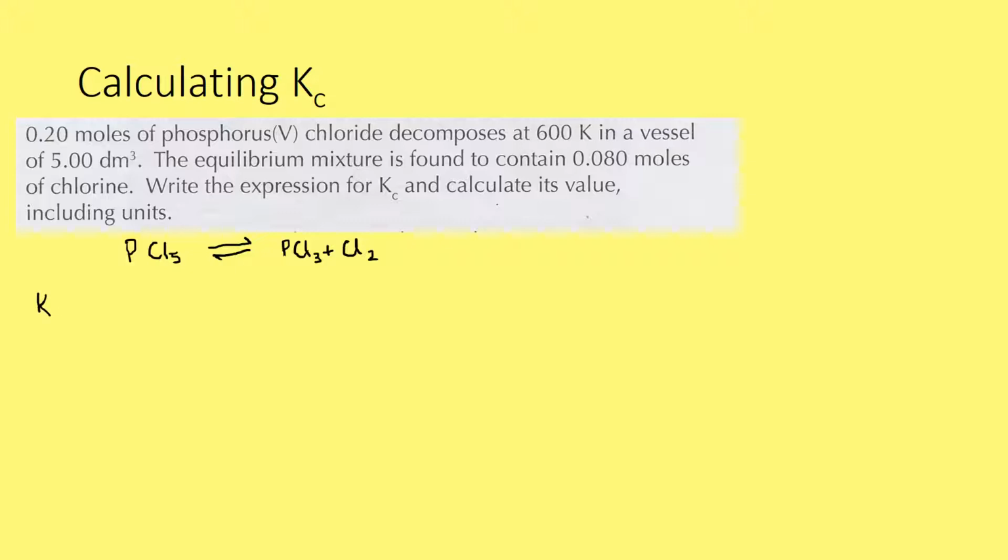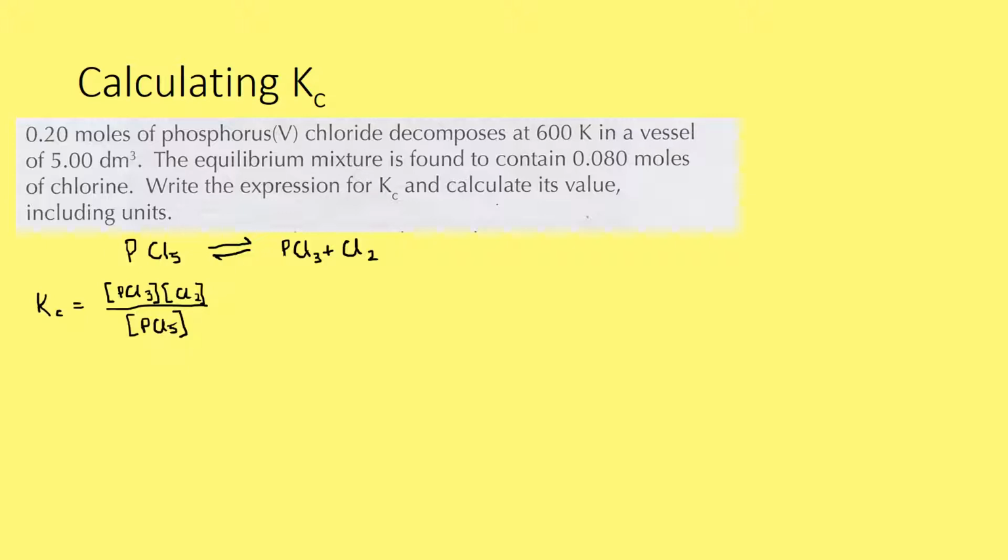So if we make a capital K, we're going to have the concentration of phosphorus trichloride times the concentration of chlorine divided by the concentration of phosphorus pentachloride, all to the powers of 1, because there's 1 mole of each. So there we have the expression, but at the moment we have no concentrations.